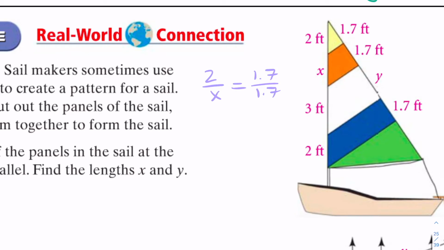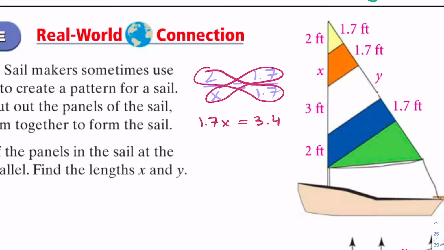This is pretty much going to get me 1.7x equals 3.4. And then divided by 1.7, we'll get x equals 2. I mean, that just follows the pattern.